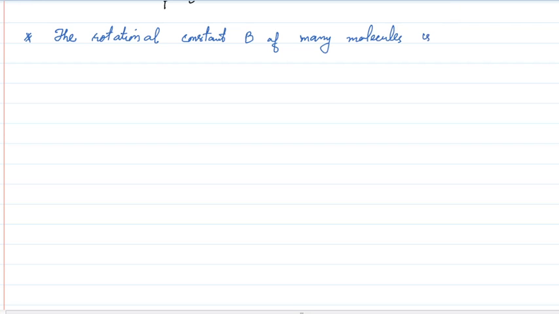Okay. Now one more important point you have to remember here is that the rotational constant B of many molecules is close to 1 per centimeter and often smaller.